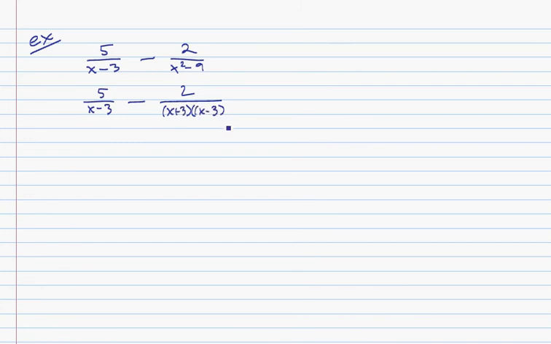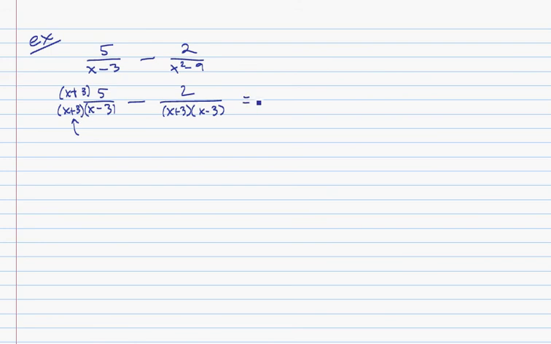Okay, so we now have one factor missing over here. We need to put in an x plus 3 here. Now in order for that to be legal though, I need to put it on the top multiplied in and the bottom multiplied in.